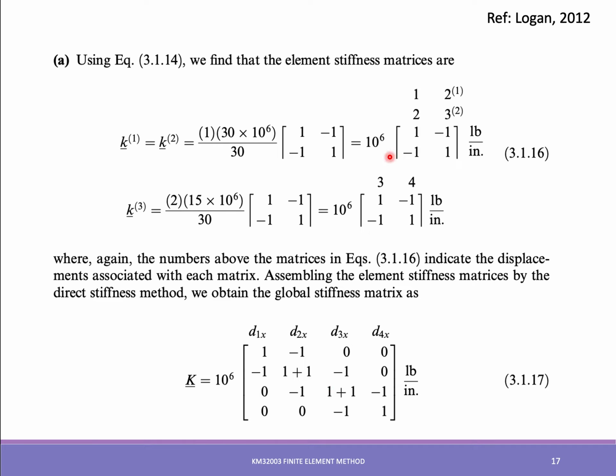And then the third element is related to this particular part, the third and fourth row and column. Therefore we have 1 minus 1 minus 1 plus 1. So we have formed the stiffness matrix easily, assembled using the direct stiffness method, right?